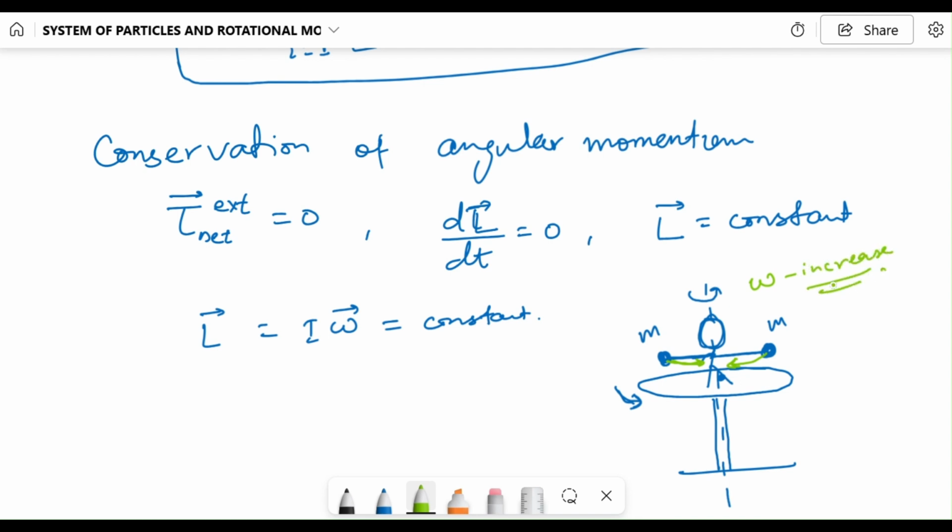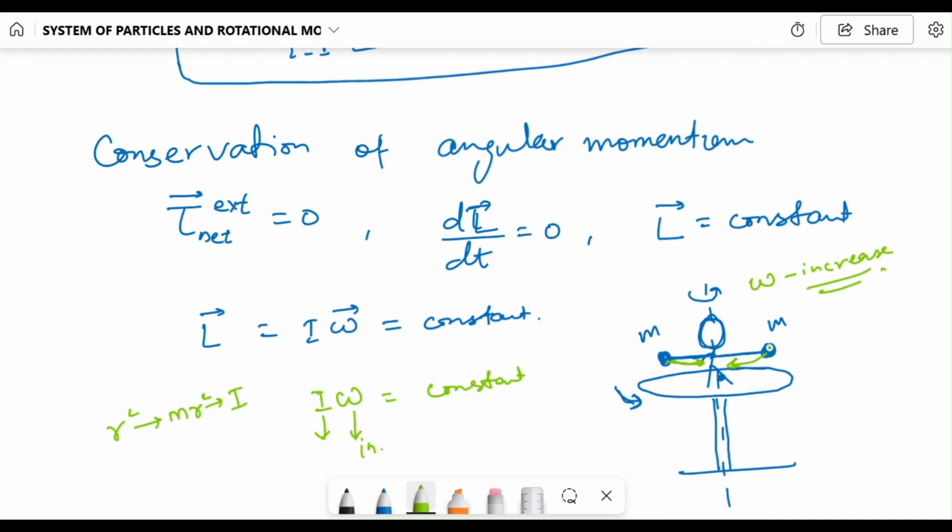Why does it happen? Because if there is no net torque, I omega should be constant. If you bring these masses closer to the axis, you are reducing the position r, hence reducing m r squared, and hence reducing I. If you reduce I and I times omega is constant, omega should increase.